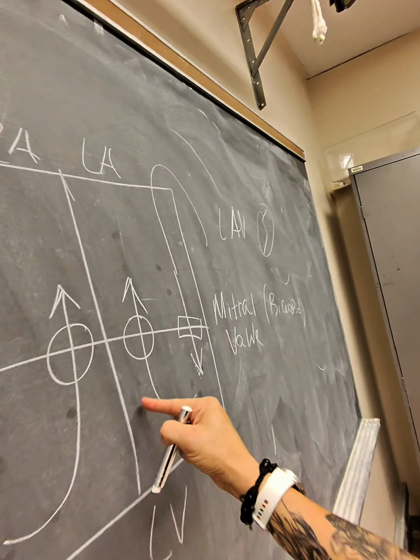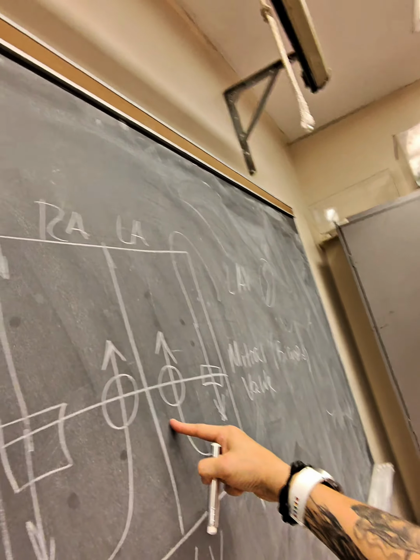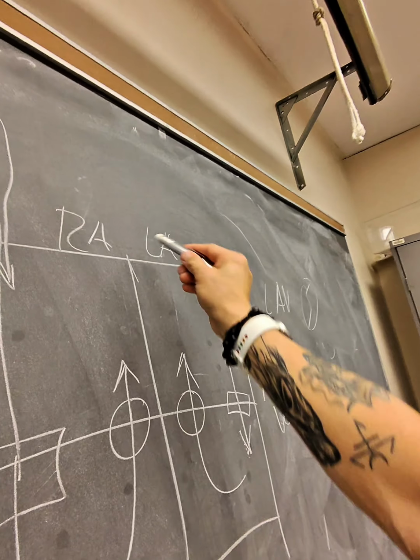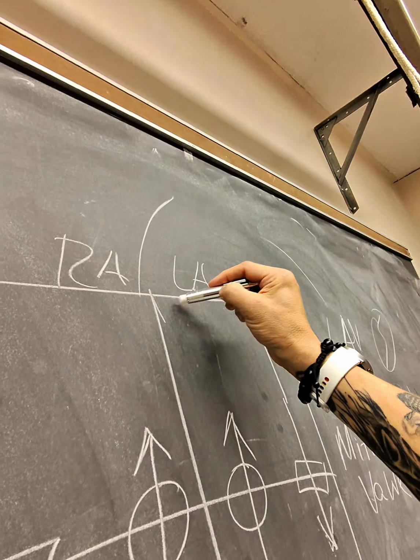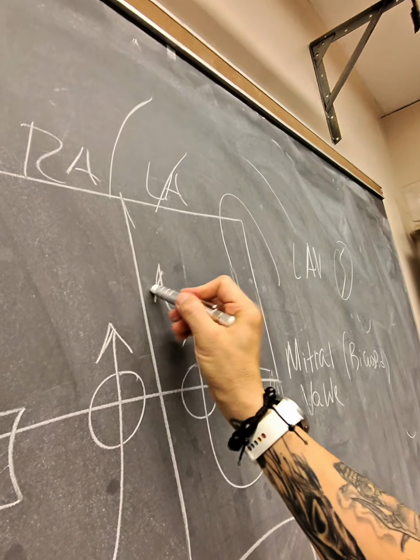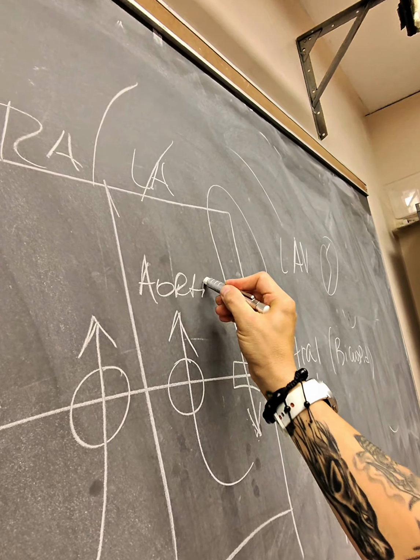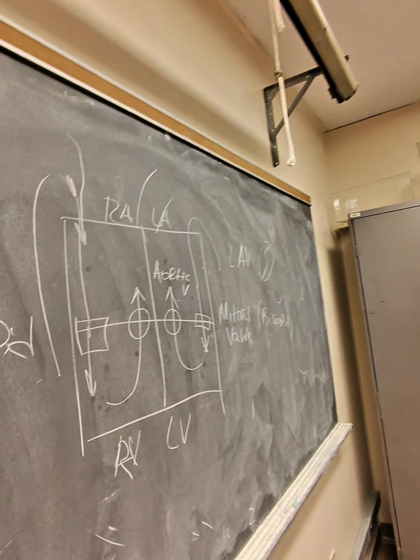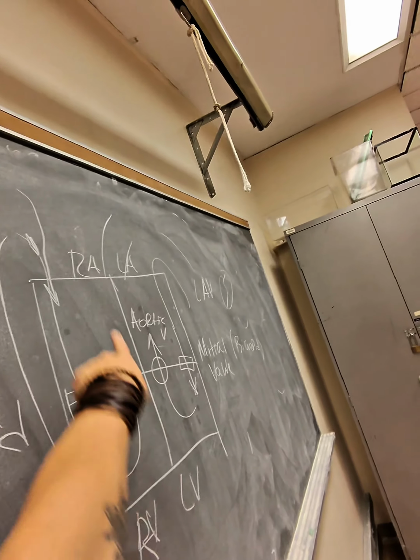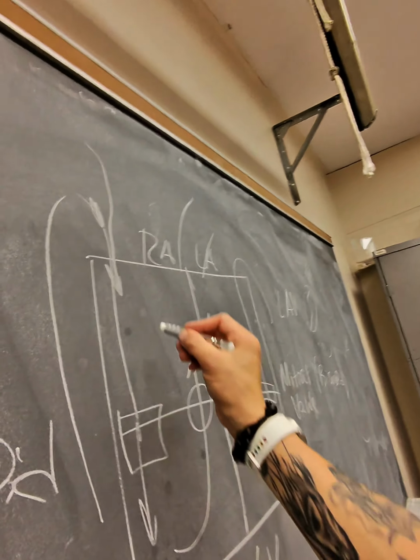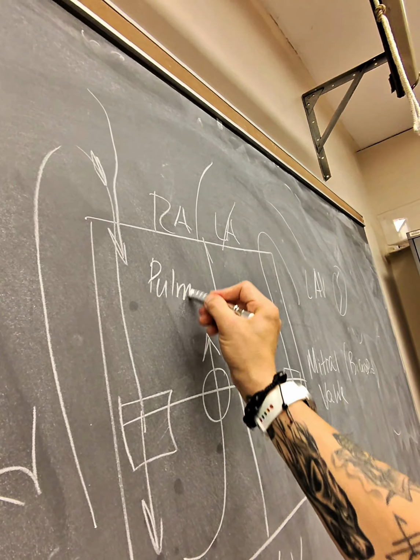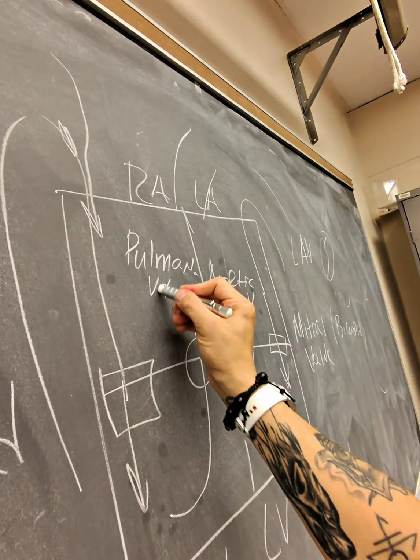This ejects the blood into the system, into the aorta. So here's a huge, thick aorta. This one is called the aortic valve. This one ejects the blood into the lungs, so it's called the pulmonary valve.